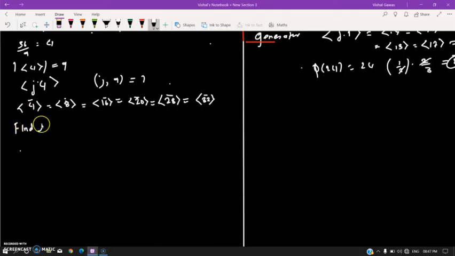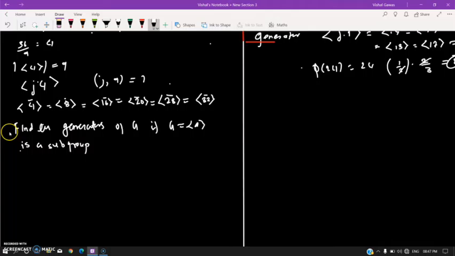Find the generators of a subgroup of order 45. Well, if a generates, then by the corollary, a raised to k will also generate, provided GCD of k and 45 is 1, right?